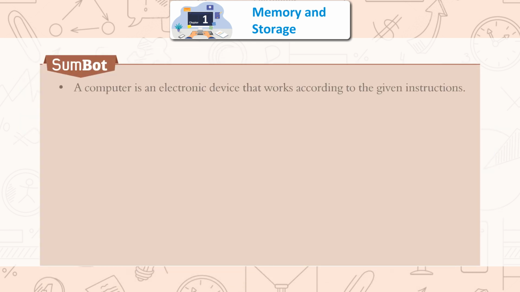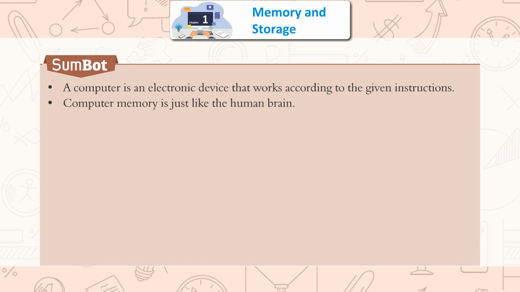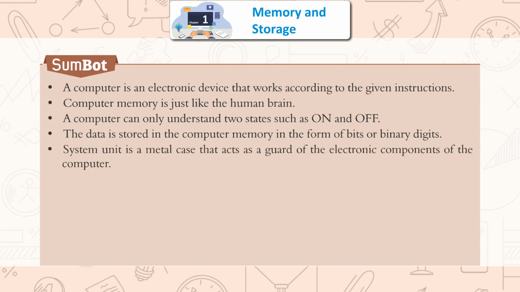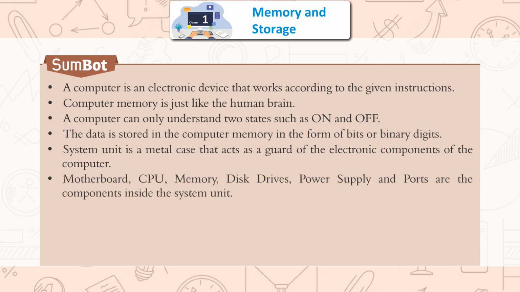Summary. A computer is an electronic device that works according to the given instructions. Computer memory is just like the human brain. A computer can only understand two states such as on and off. The data is stored in the computer memory in the form of bits or binary digits. System unit is a metal case that acts as a guard of the electronic components of the computer.